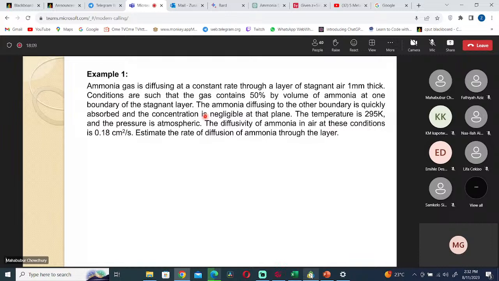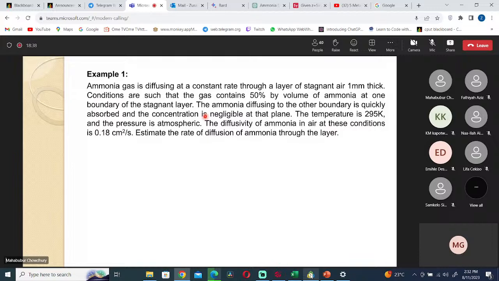From the equation that we have derived, we saw that when you have a stagnant diffusion, the rate of diffusion NA equals DAB over RTZ, ln of (PT minus PA2) over (PT minus PA1). Now the problem is that we don't have the partial pressures. We have the total pressure, but we do not have the partial pressures.